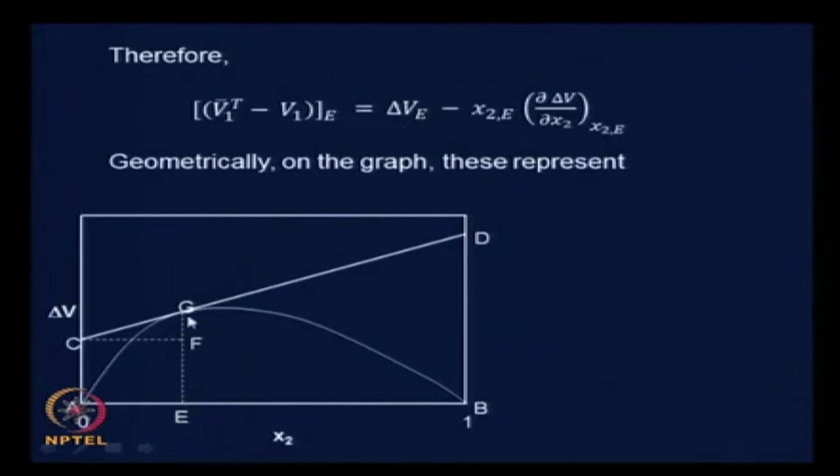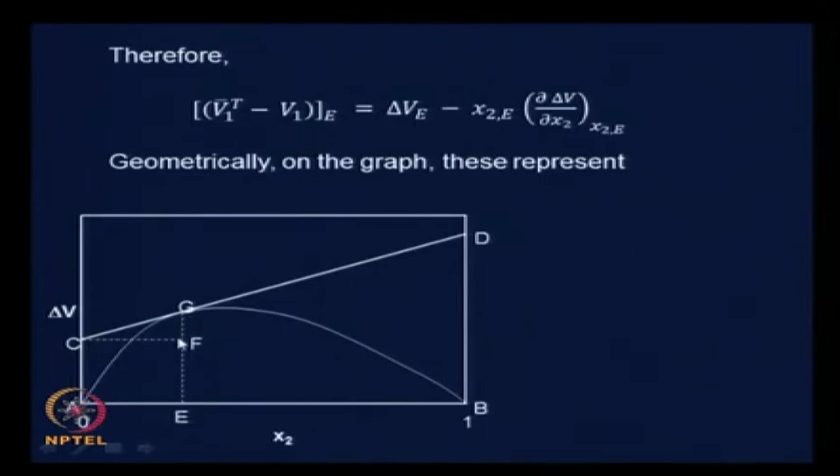The value of delta V at the point E, which happens to be the distance GE. Therefore, this can be replaced by this distance GE. X2 E is nothing but AE or CF, you know, this distance, and dou delta V dou x2 at the point E is nothing but the slope of the tangent, that is the definition of the derivative itself from your calculus class, which is nothing but the tan of the angle that this line makes with the horizontal line here.